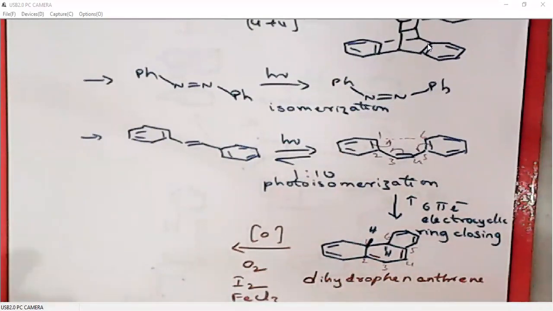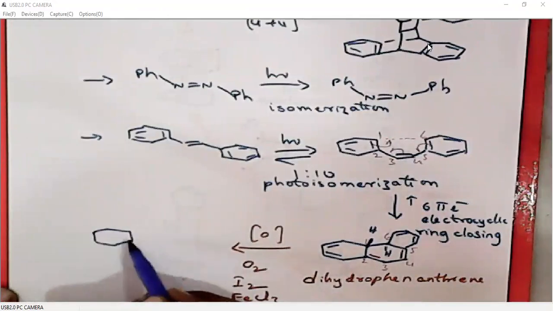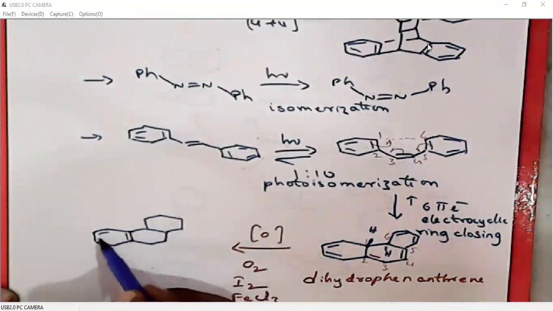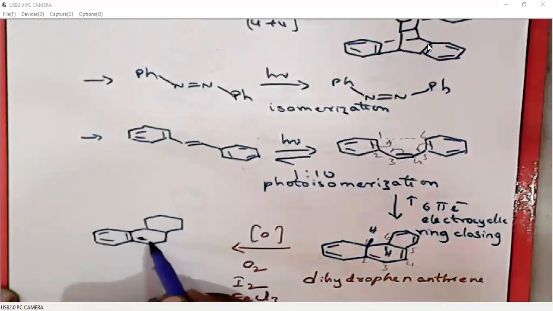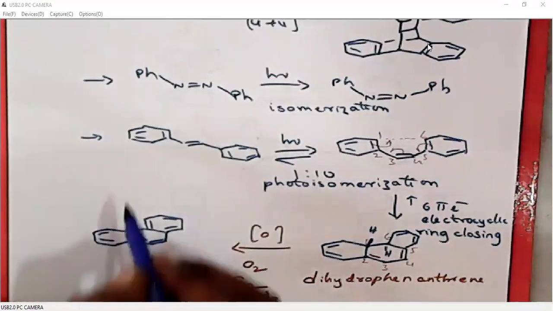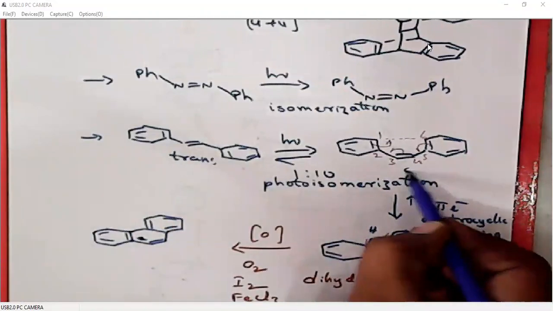So using these oxidizing reagents, this can be easily converted to phenanthrene. So this is trans stilbene, this is cis stilbene.